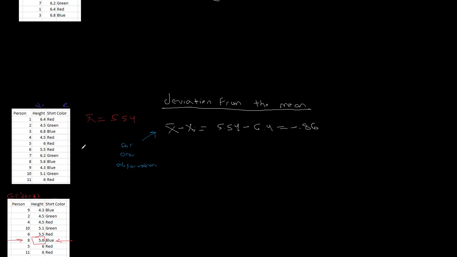If we wanted to do it for all of the observations to get the average deviation from the mean, it would be x bar minus x sub i. We would sum those up, there's that sigma again, saying that we're going to do x bar minus x sub i, sum it up, and divide it by the number of observations. So this here is going to be the average for all observations.